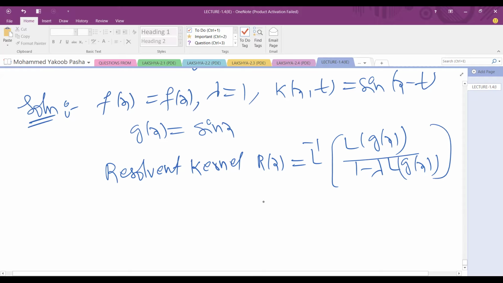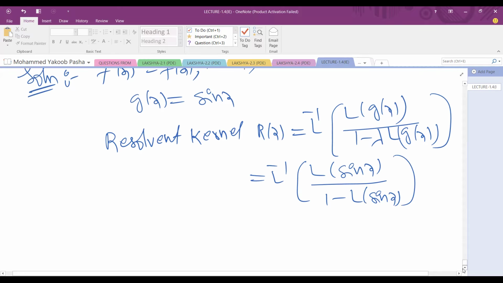Is it? So L inverse of L of g of x become sin x divided by 1 minus lambda is 1, okay, plus 1 Laplacian of g of x. G of x is sin x.